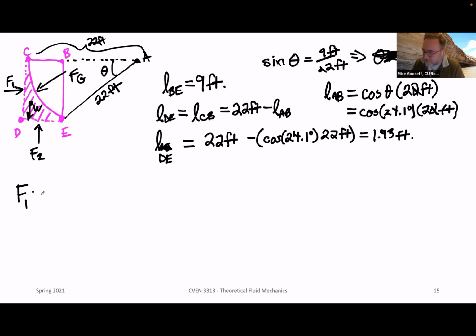Given that I'm going to be going, I may just record the rest of this problem and then post it for you. So F1 is equal to gamma times, in this case we have water, times h sub C acting on that left side, that vertical side, times the area, which I'm going to call A vertical, because that's different than the horizontal area down on the bottom, which we'll discriminate in just a moment. So this is going to be equal to 62.4.